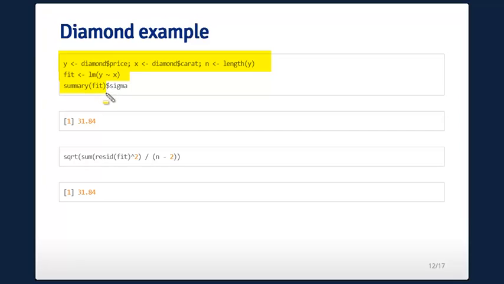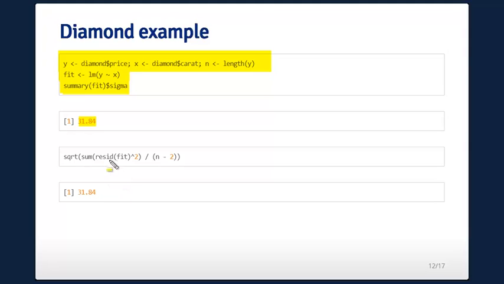The function summary gives you a lot of information about the fitted model. Summary creates a list, and the specific element of the list, sigma, is the residual variation, expressed as a standard deviation, and in this case that works out to be 31.84.